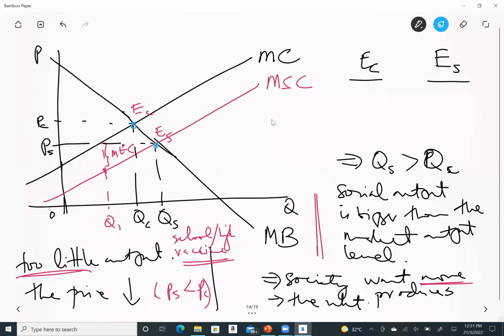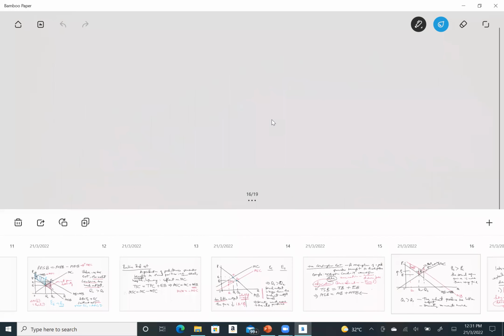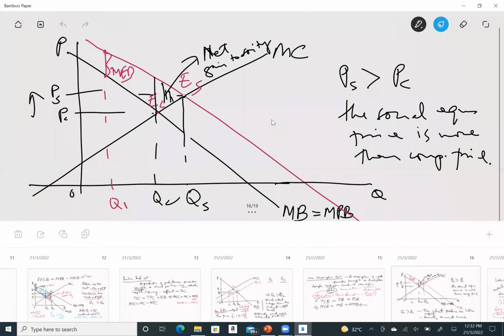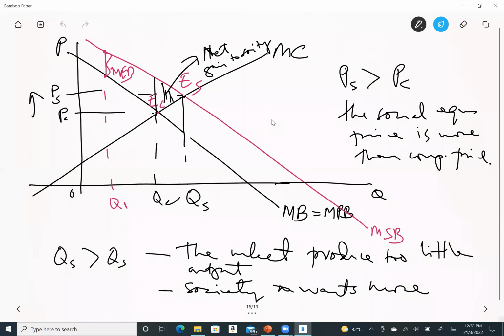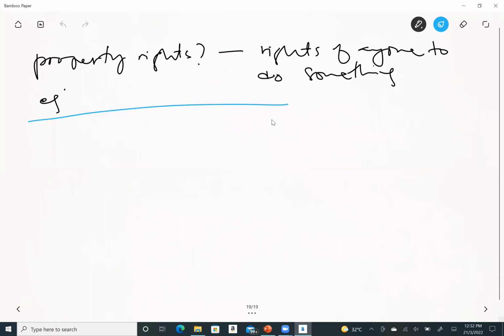So the point is, under the Coase theorem, it also works if there is a positive activity. So you move from EC to ES. Under the Coase theorem, you will lead to an efficient outcome, meaning that we will move from the competitive equilibrium to the social equilibrium.